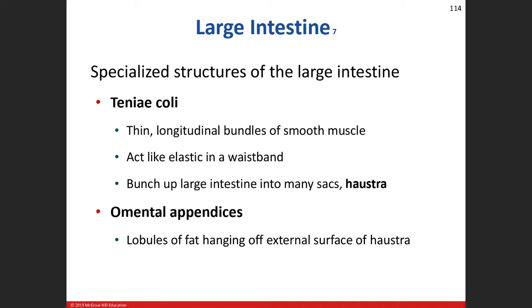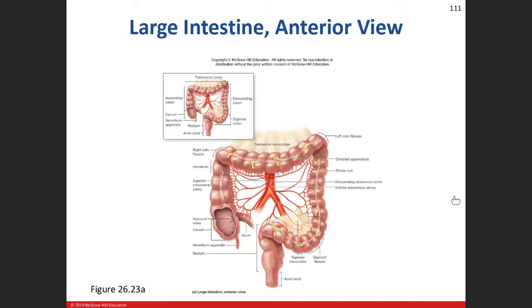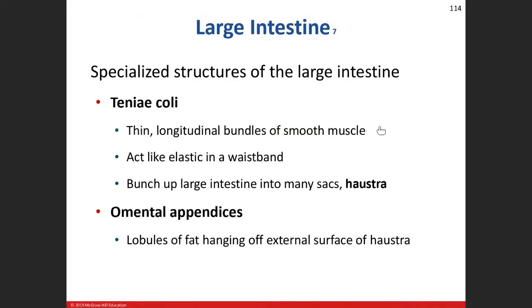So if you notice on our large intestine here, and we talked about it before, you had to label that. You'll see here in the large intestine these strips of smooth muscle, and they're longitudinal smooth muscle, okay? So we call that the teniae coli. And it's these teniae coli that are going to help to form those sac-like structures called haustra. Right?